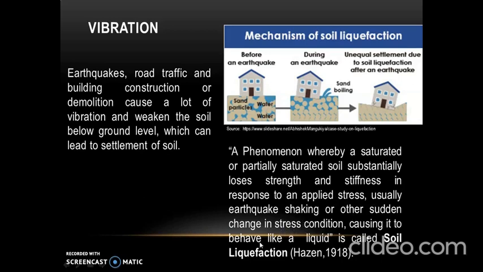Due to this, soil behaves like a liquid, and this phenomenon is referred to as soil liquefaction. And here we can see unequal settlement, that is differential settlement due to soil liquefaction after an earthquake.